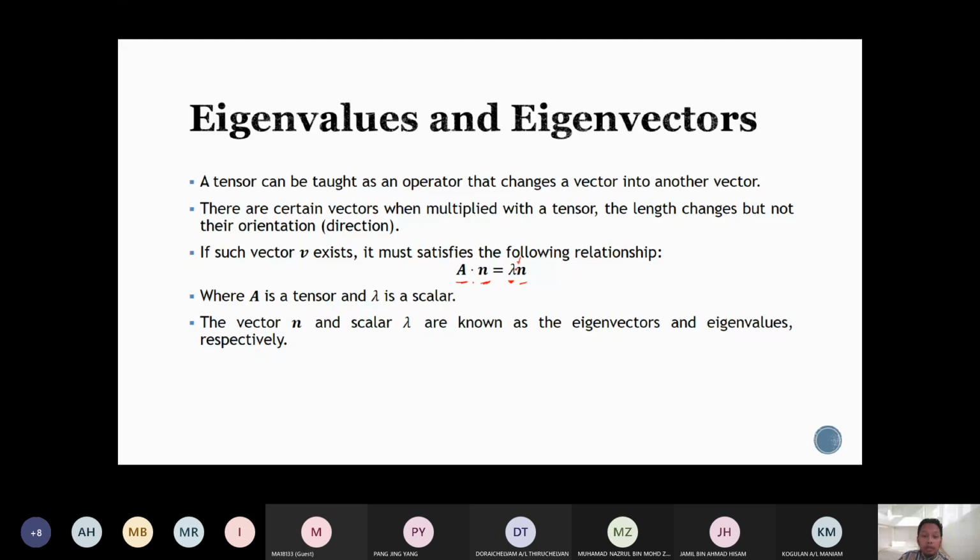A is the tensor and lambda is a scalar value. From this relationship, the vector n and the scalar lambda are known as the eigenvector and eigenvalue respectively. So n is the eigenvector and lambda is the eigenvalue. We will look later at how to determine the eigenvectors and eigenvalues, and why we need to determine them.